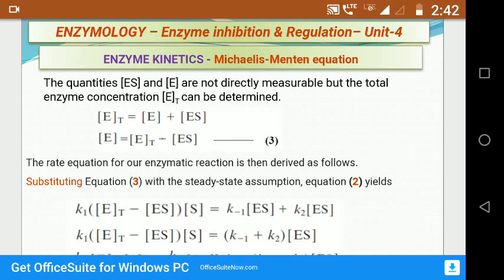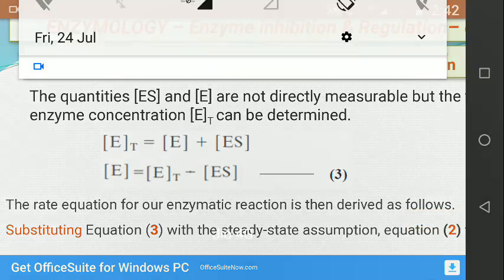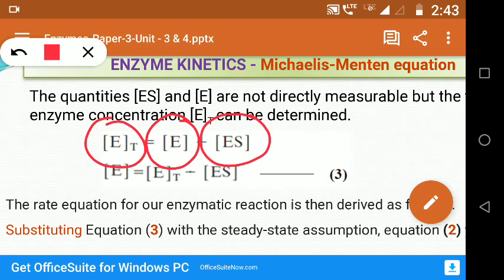ES and E are not directly measurable, but the total amount of enzyme, that is ET, can be measured. Here ET equals free enzyme plus bound enzyme. ET is the total enzyme molecules. Out of the total enzyme molecules, some will be free and ready to bind substrate, and the remaining enzymes will already be in the bound state, the ES state.